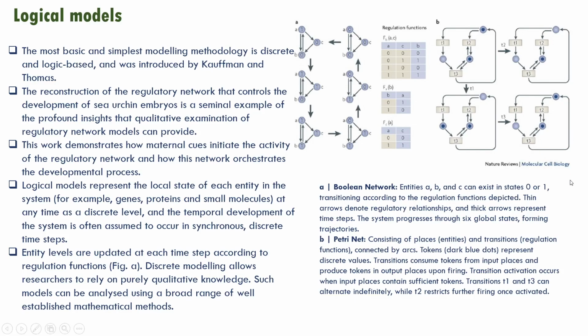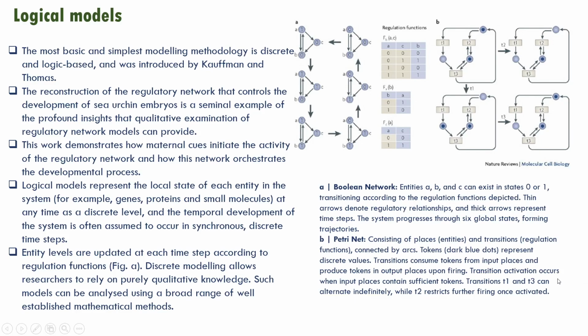This is another type of logical model, what is known as a Petri net. We'll not talk about this much, but this is another kind of logical model. It consists of basically entities and transitions, and these are connected by arcs. You can imagine kind of a hypergraph situation here. The transitions consume tokens from input places and produce tokens in output places upon firing.